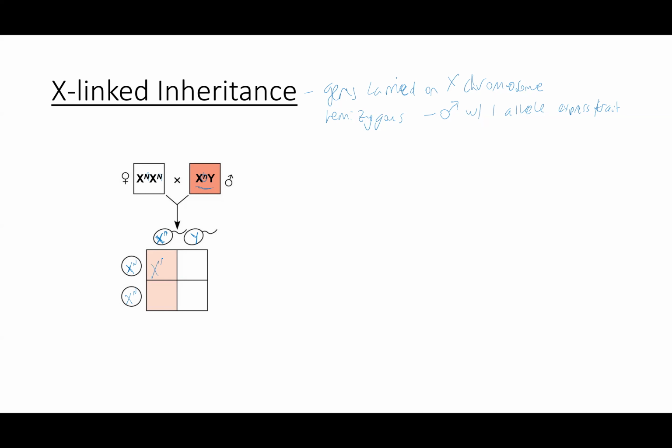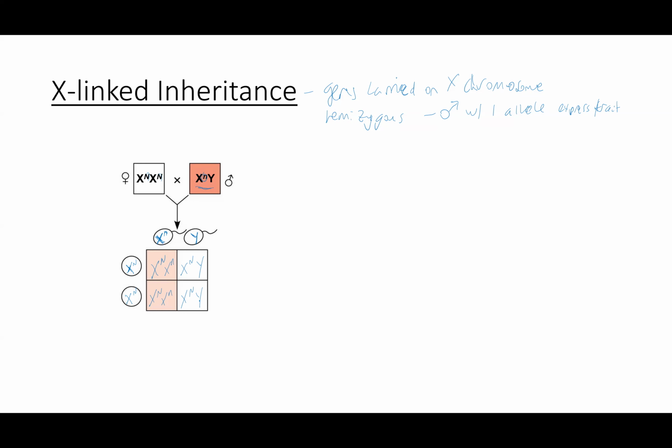So the mom's passing on the X big N, the dad's passing on the X little n. Mom's passing on X big N, dad's passing on Y. Mom is passing on X big N, dad is passing on X little n. Mom is passing on X big N, dad is passing on Y. So this is showing you the probability here.